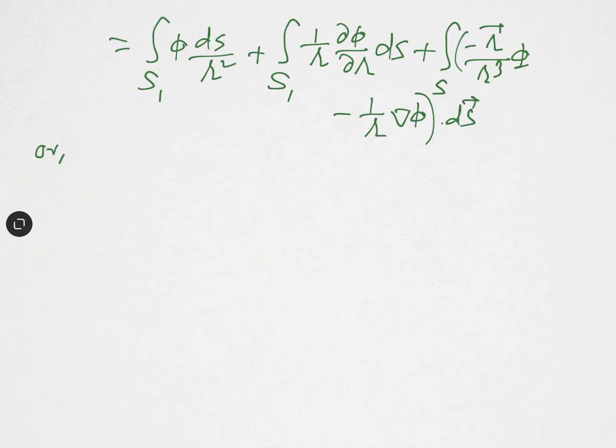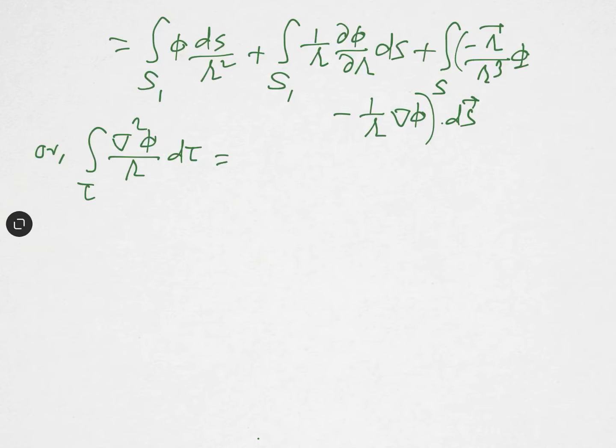Or you may write that this is integral over tau del square phi over r d tau.